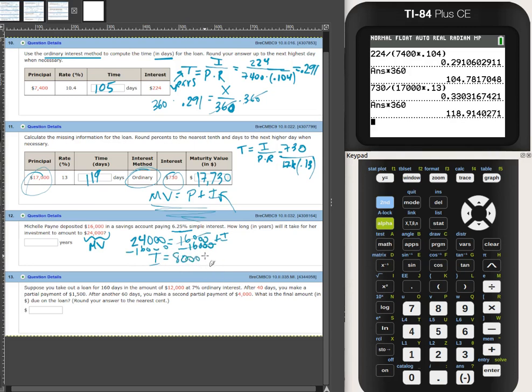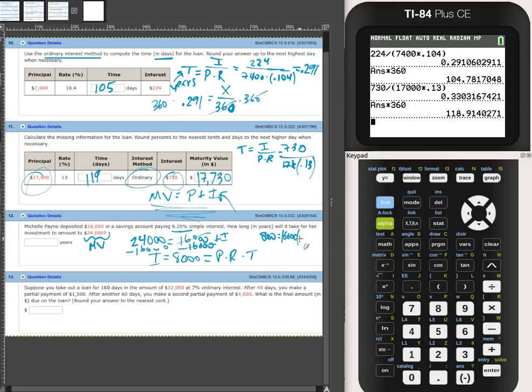And of course, interest is principal times rate times time. We are already given the principal, which is 16,000. So we can plug in the principal and the rate: 8,000 equals 16,000, the principal, times the rate, which is 6.25%.